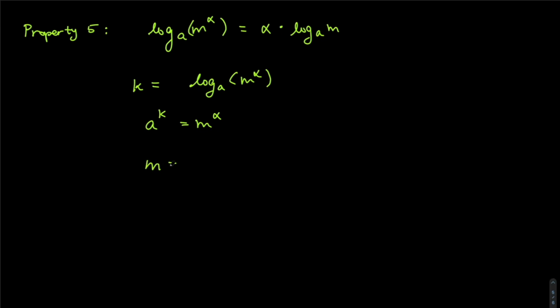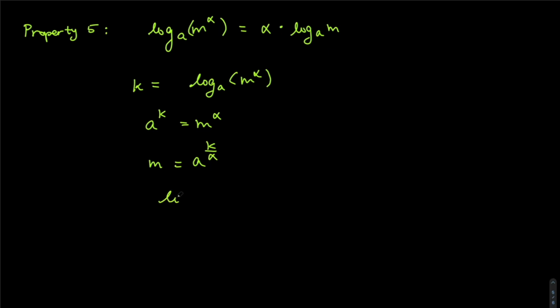So m is basically a raised to the power k upon alpha, like this, right? We can write this in this form also, right? There's nothing wrong with writing what we have right now, right? So m is equal to all of this.